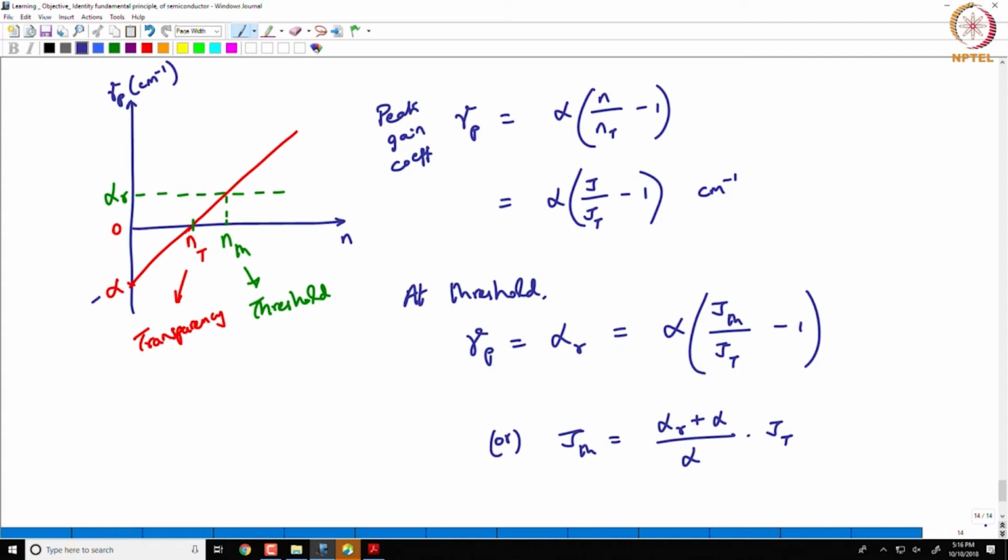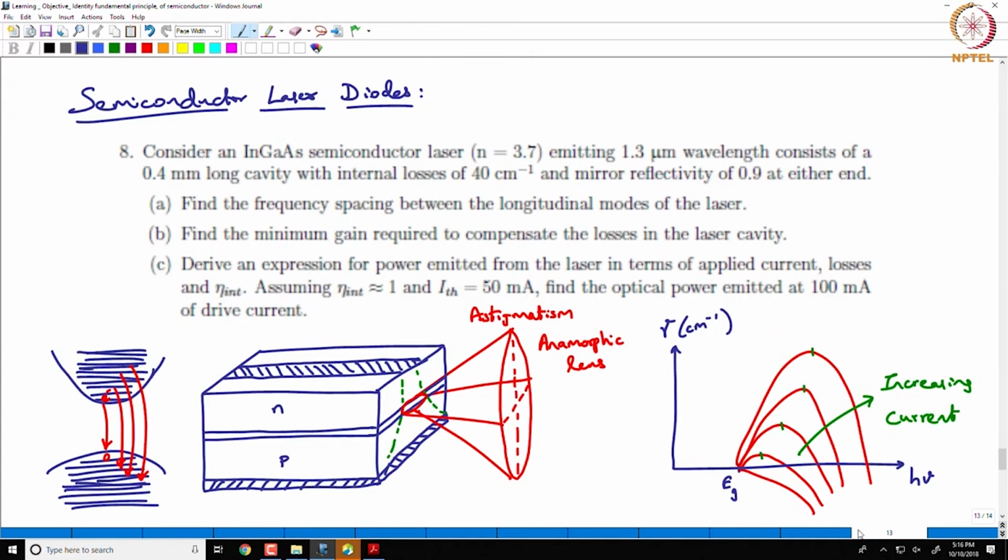Okay. So, let us move on now. What we want to do is quantify these things. Now, right here I can say that delta nu is going to be equal to C over 2 NL. So, C we know is 3 times 10 power 8, divided by 2 multiplied by 3.7 multiplied by L, which is 0.4 mm.